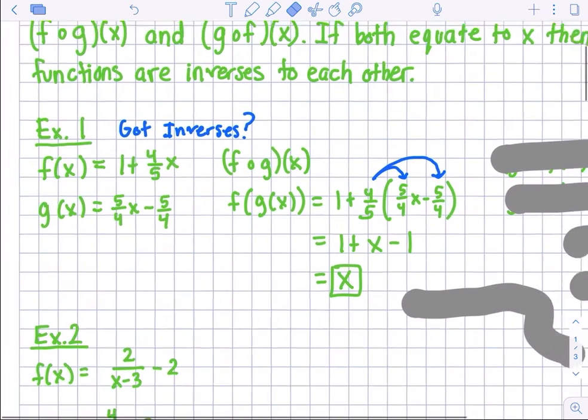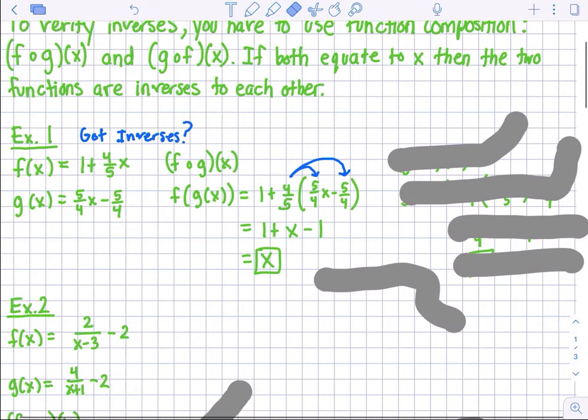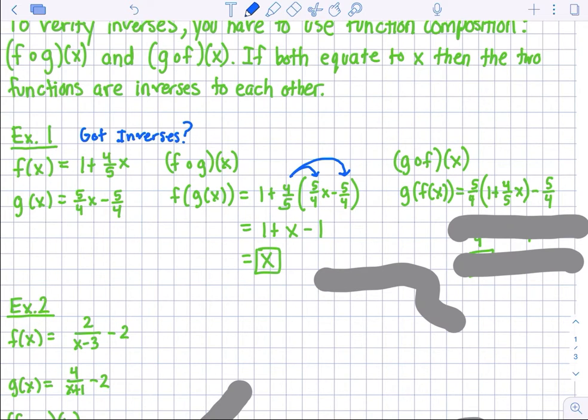So that one's accomplished, but now we have to do the other one, which is g of f of x. If it's g of f of x, that means you are substituting all of f of x into the g of x function, everything into that x. So we have that.